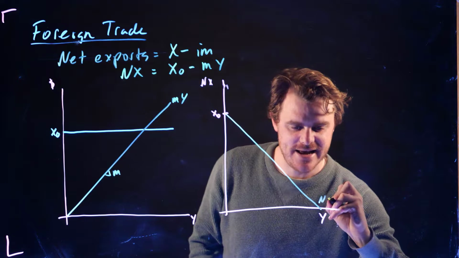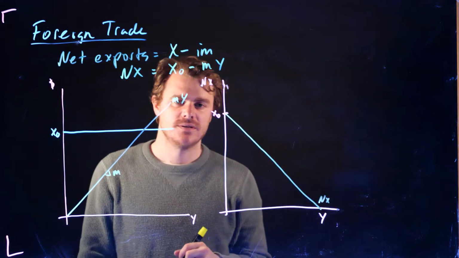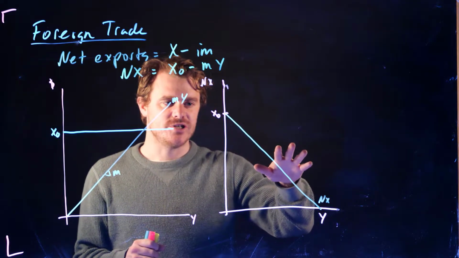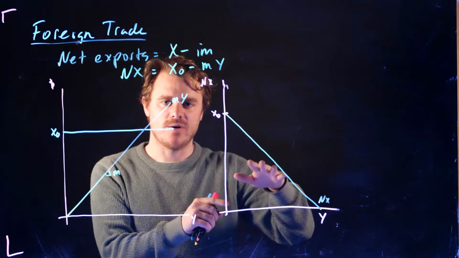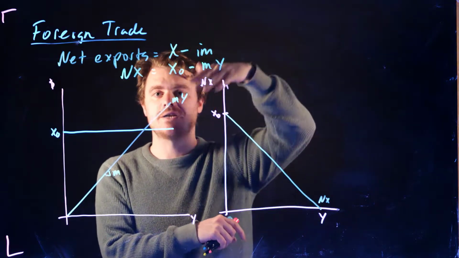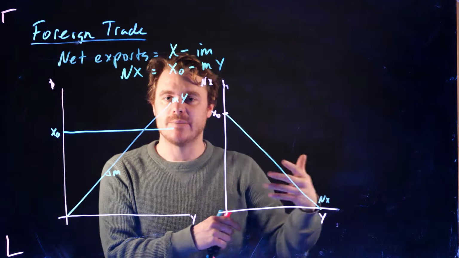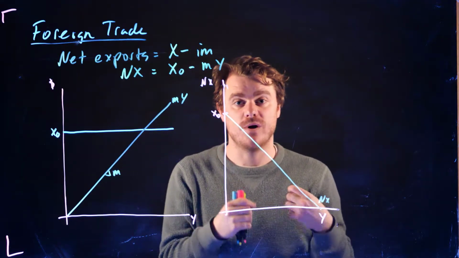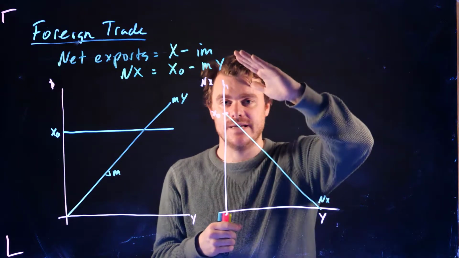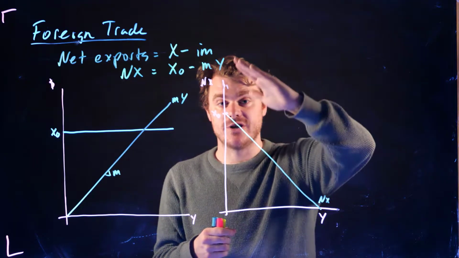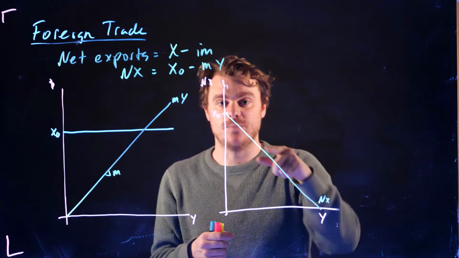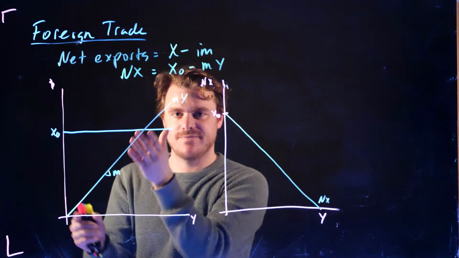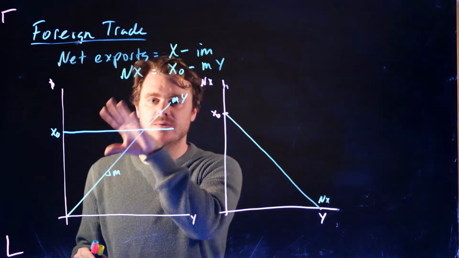So this is that net export function, and now we can start to talk about what's going to cause exports to go up or down. We're going to talk about a couple different factors that are going to influence either exports or imports or both. They're going to either shift this function up or down, or they could change the slope of this net export function because of how they're influencing the individual components over here.